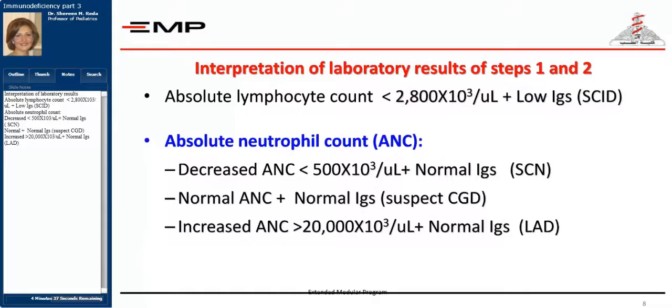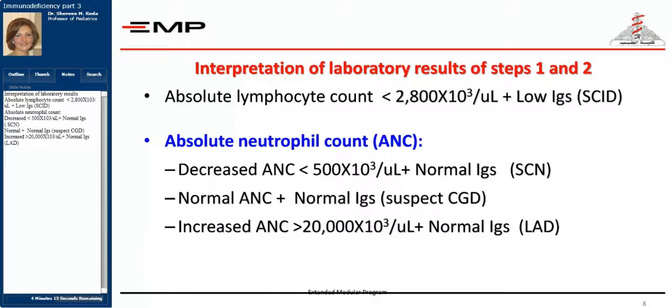So how to interpret the laboratory results by step 1 and step 2? You can reach up to 12 diseases with these 2 basic tests. If the absolute lymphocyte count is less than 800 per cubic millimeter with low IgG and low immunoglobulins, then you have to suspect severe combined immune deficiency.